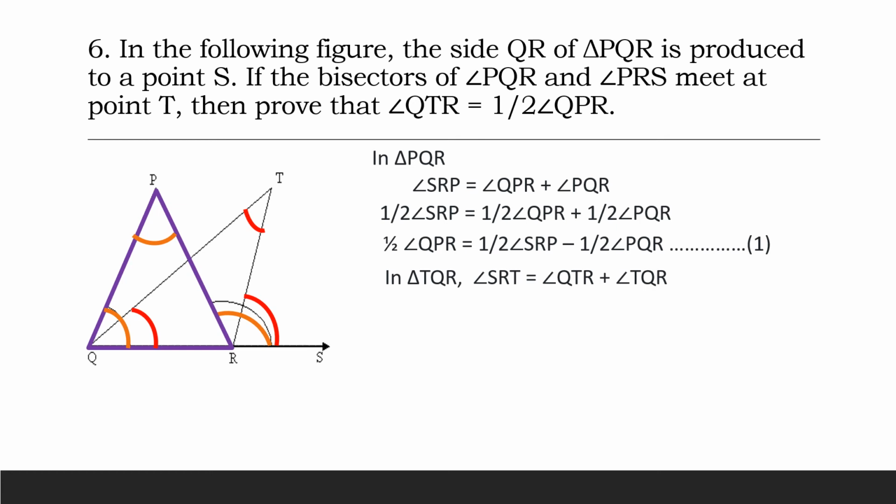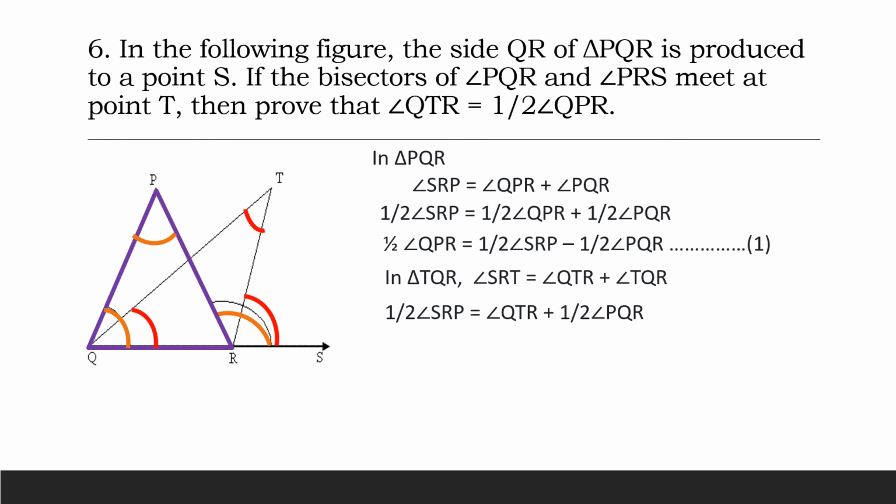Now see the question: if the bisectors of angle PQR and angle PRS meet at point T, that means QT and RT are the bisectors. So it divides the angle into two equal halves. So angle SRT is nothing but half angle SRP.